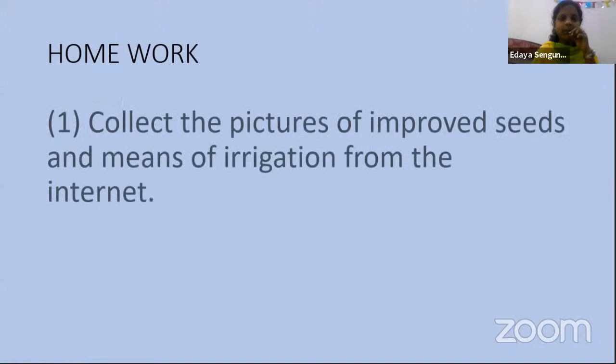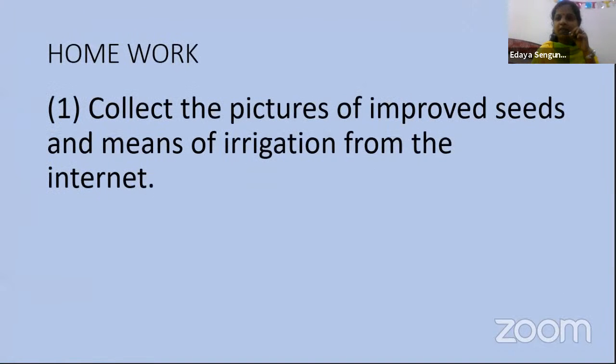Homework. Are you all ready to get the homework? Yes, miss. Okay, I told you to collect the information about greenhouse farming. Now you have to collect the pictures of improved seeds and means of irrigation from the internet. You have to search about the means of irrigation and improved seeds from the internet and note it down in points.